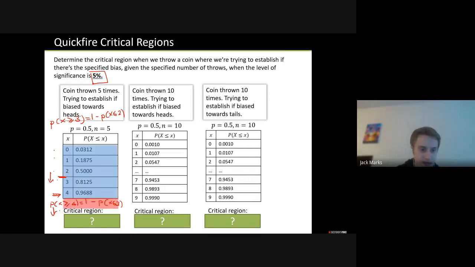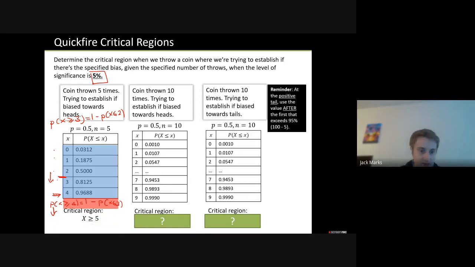And what you will find is that 5 or more means 1 minus the thing before. 1 minus 0.96 is about 0.03. That's the first value that would be less than 0.05.